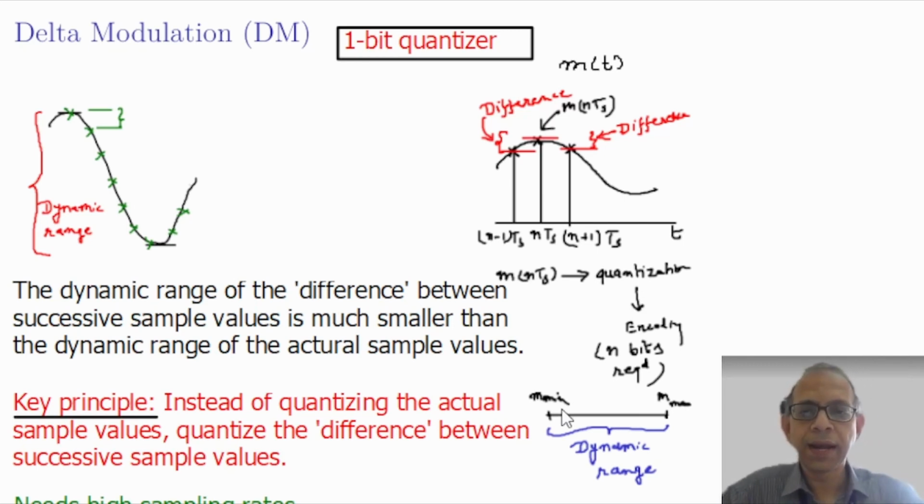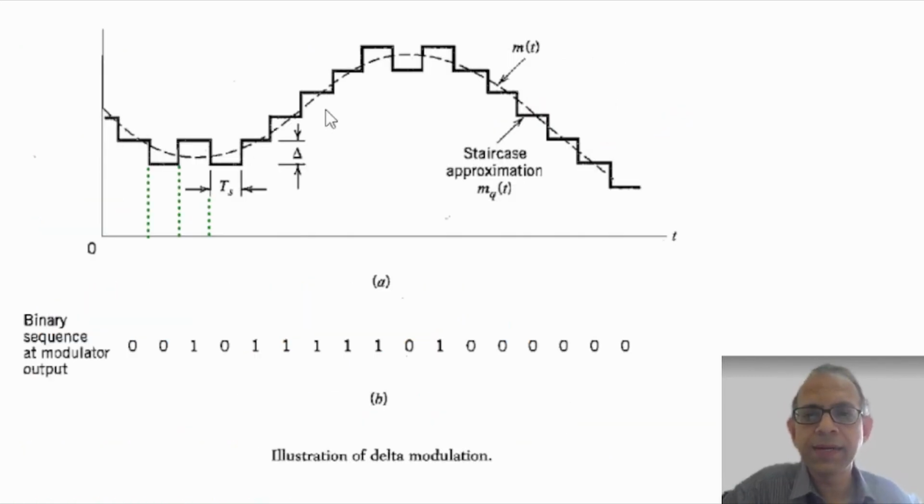Let us understand this process pictorially. Consider a continuous time, continuous amplitude message signal m(t), and consider a time instant nTs for reference. The sampling instant prior to it is (n-1)Ts, and the succeeding sampling instant is (n+1)Ts.